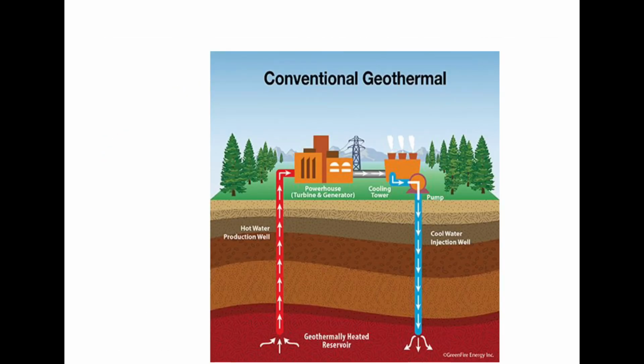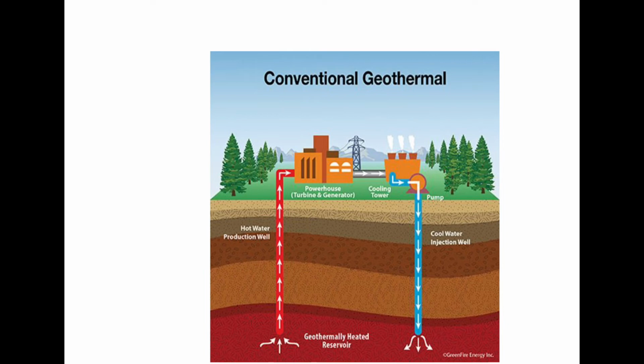There's also this really cool type of power called geothermal, which is basically where you just pump water down. It heats up from the earth and then it creates steam going out. So very easy, simple technology. You just have to dig down deep enough.